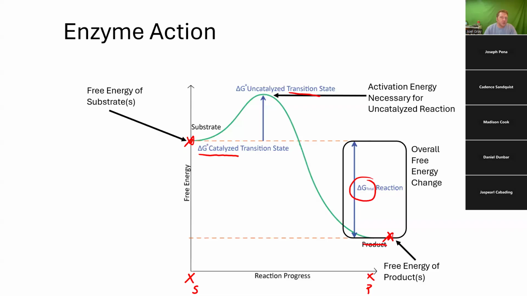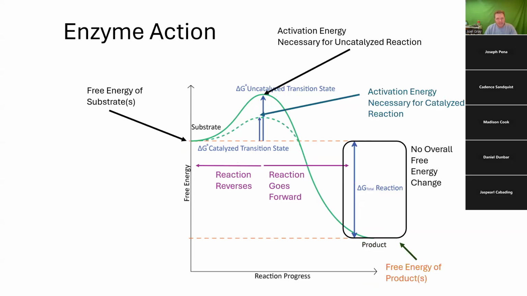The total free energy of your reaction is the free energy difference between your reactants or substrates and your products. When it comes to an enzyme catalyzed reaction, an enzyme is going to lower the transition state or activation energy. The total free energy of the reaction, the delta G total, is not going to be changed by an enzyme.